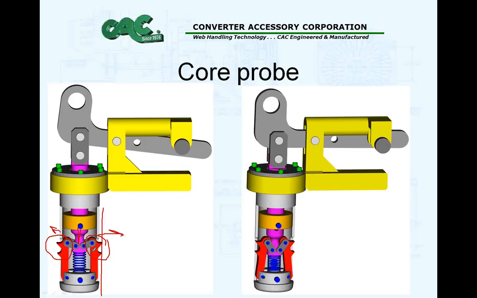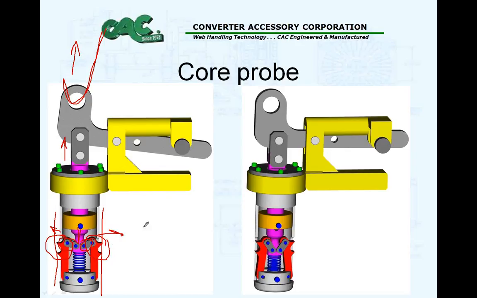Your core would be sitting on top of this, this would be inside your core, and these teeth come out and grab your core. With this particular probe, when you hook through this eyelet and lift up, you're literally lifting up on the center shaft, shown in purple, and it's causing these linkages to push the teeth out into the core.